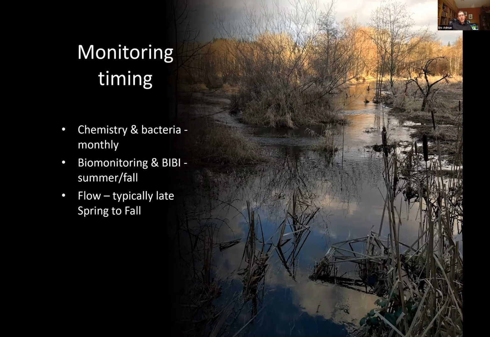Flow is typically done anywhere from late spring to fall. You can do it during the wintertime as well. The caveat is that streams can become extremely flashy in the late fall and in the wintertime.